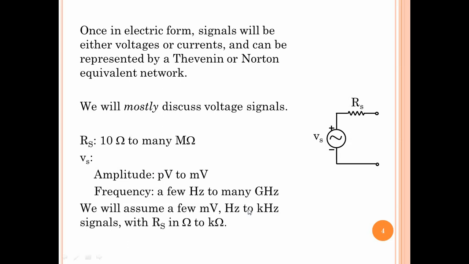For this course, we will restrict ourselves and assume that our input signal is a few millivolts, 1 millivolt, 10 millivolt, like that. The frequency is hertz to maybe tens or hundreds of kilohertz, and the source resistance will be a few ohms to a few kilo ohms. Anything outside this range would be very specialized circuits, and they are usually postgraduate level course material.